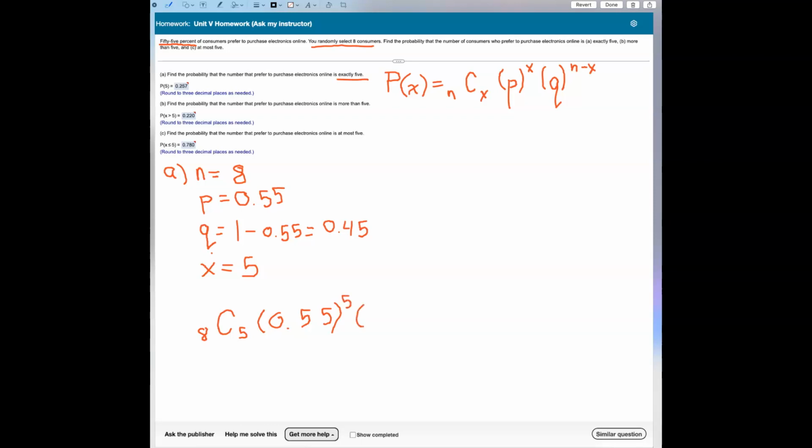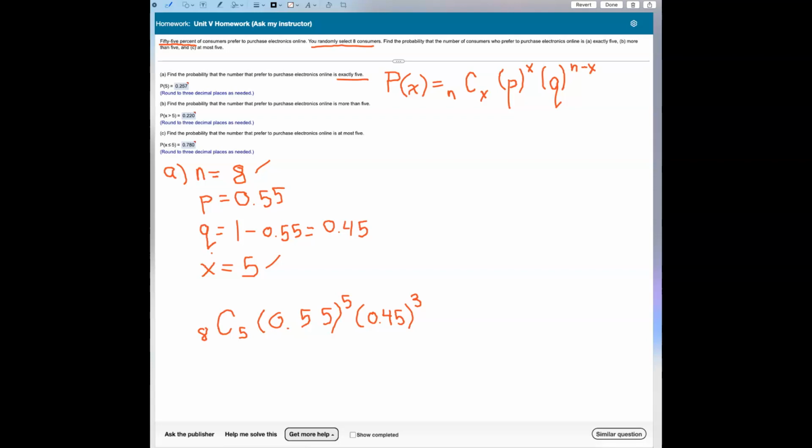And then Q is 0.45 to the N minus X. So this is 8 minus 5, that's just going to be 3 here. These two exponents should always add up to whatever your N value is, just so you know.